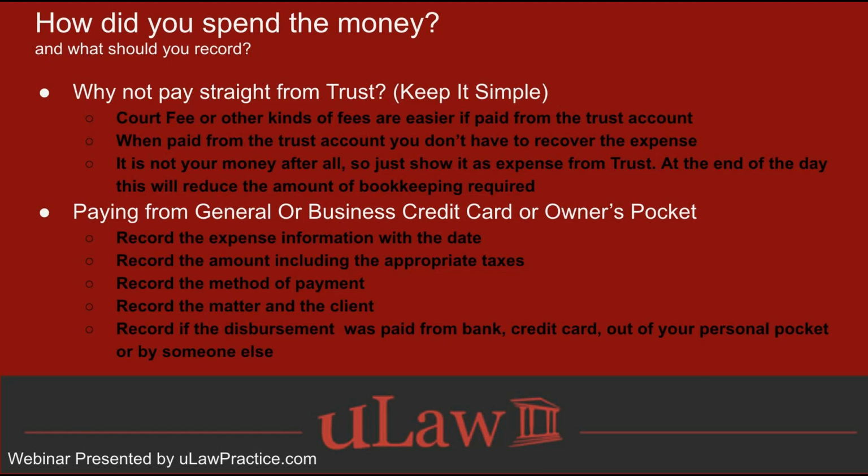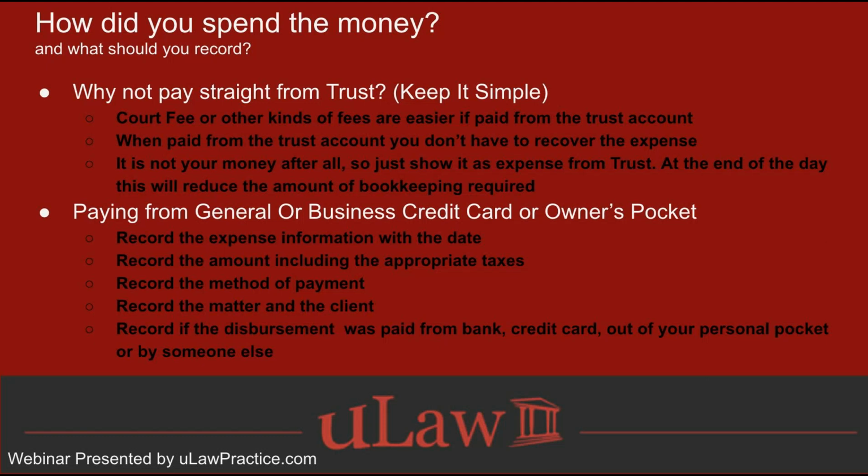That's why it's disbursements. Say you bought paper for the office and you're using it for several clients, it's going to go under office expenses, of course. I will show you how you can add it as a disbursement when you're using those papers for photocopying something for a specific client. So that's when you will use the general account.